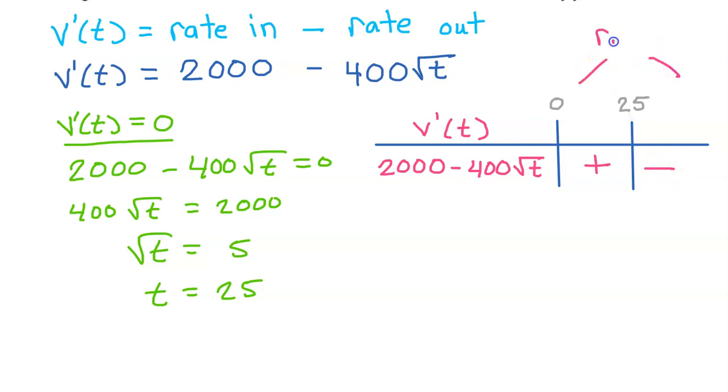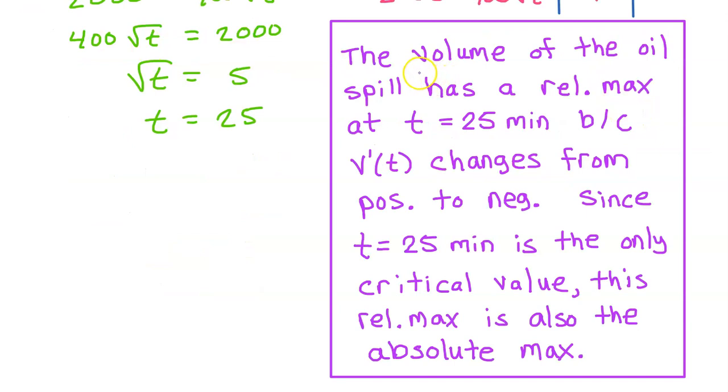So we do have a relative max at t equals 25. In summary, the volume of the oil spill has a relative max at t equals 25 minutes because V' changes from positive to negative. Since t equals 25 minutes is the only critical value, this relative max is also the absolute max.